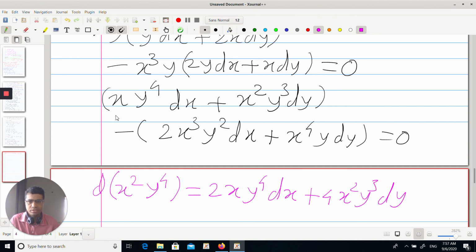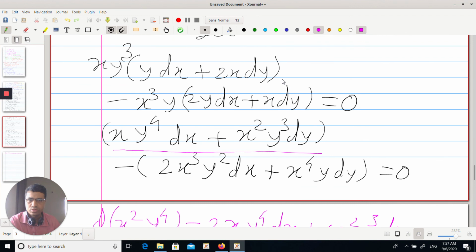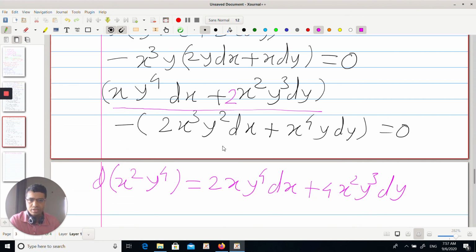Now you can check the first term in our equation. Yeah, there should be a 2 here. I missed the 2. So in the first term here we should have it. Now if we multiply and divide by 2 the first part, then we get an exact differential.